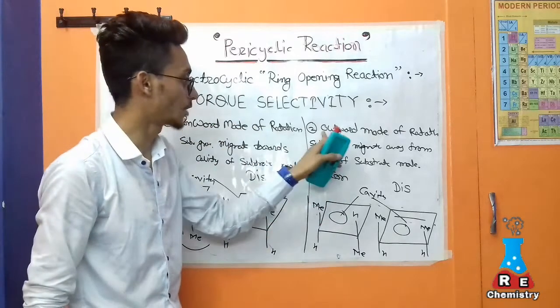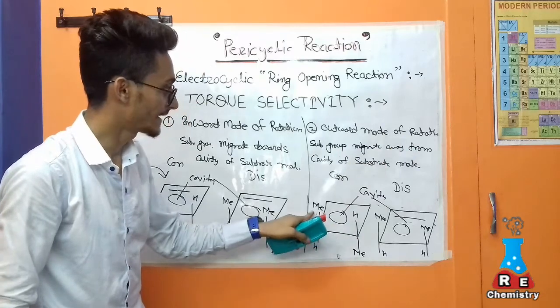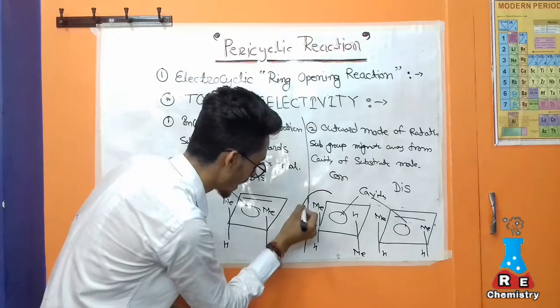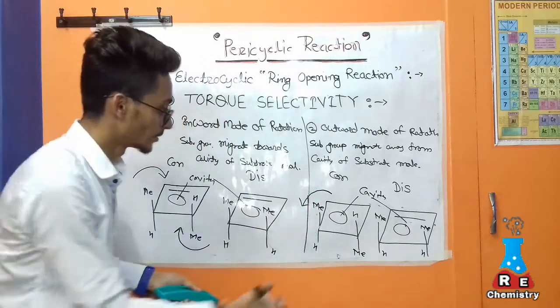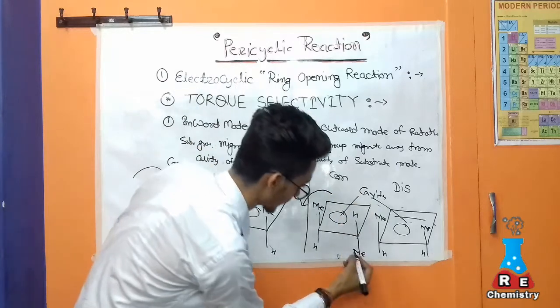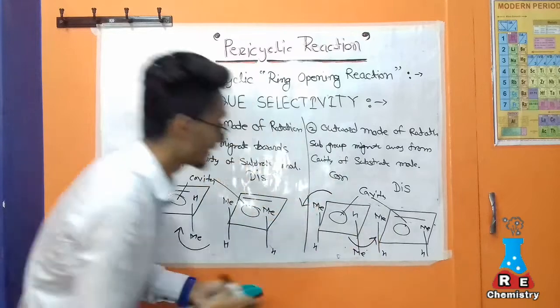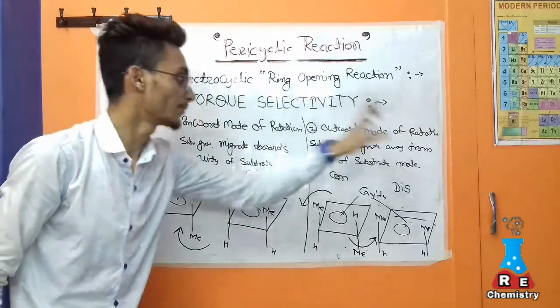In the con-outward mode of rotation, the substituent groups migrate away from the cavity. If this rotates anti-clockwise, the other also rotates anti-clockwise. This type of rotation is called the con-outward mode of rotation.